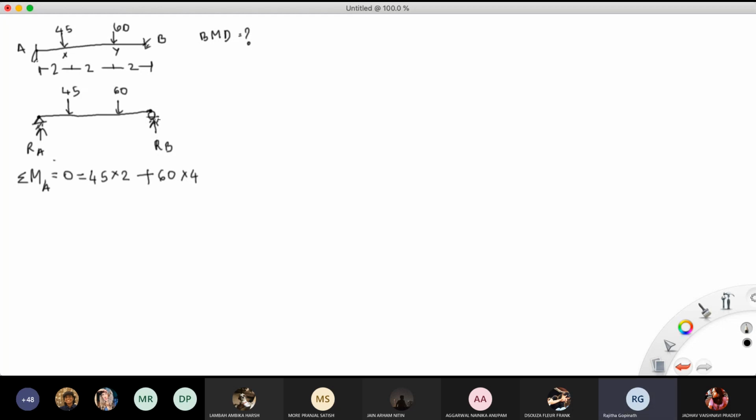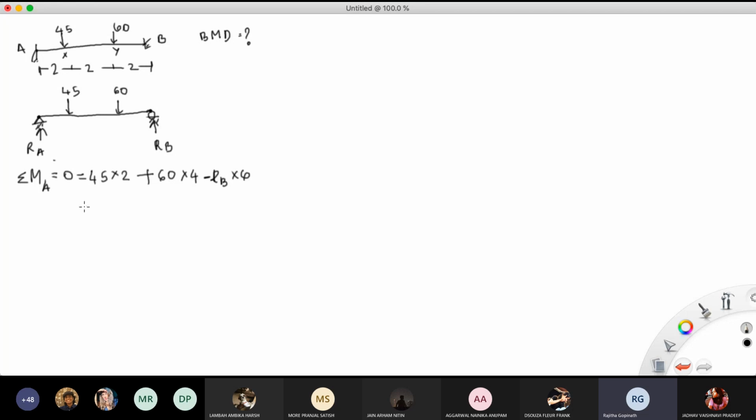Now what else is acting here? RB. So RB into 6, and that is making an anti-clockwise rotation, so minus RB into 6. If I do this, I'll be able to find out: 90 plus 240 divided by 6.